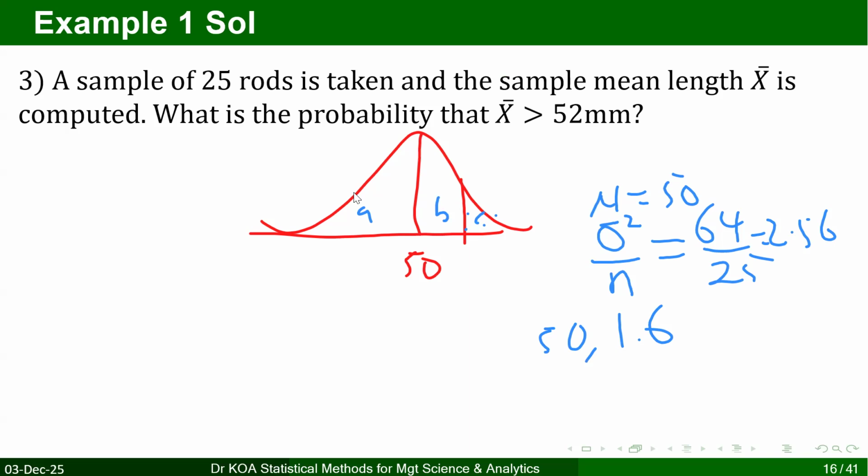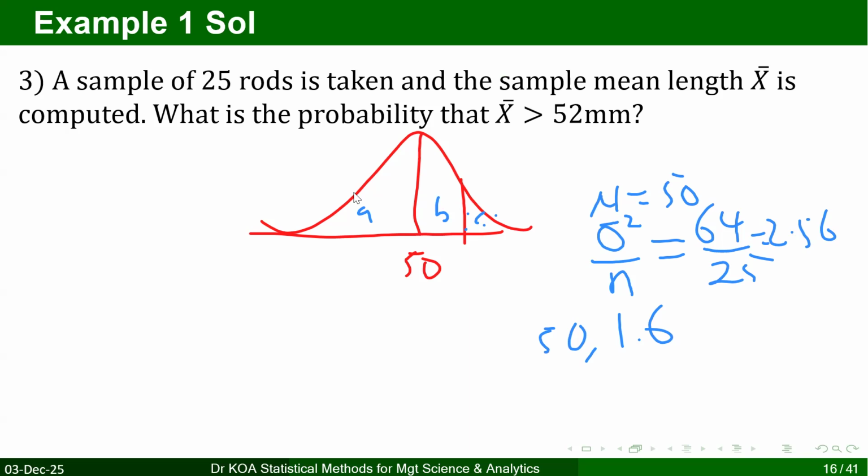At this stage, you just go and find the x value. So how do you find the x value? You find the z, isn't it? So the Z formula is going to be 52 minus 50 divided by 1.6. 52 minus 50 is 2. 2 divided by 1.6 gives 1.25.